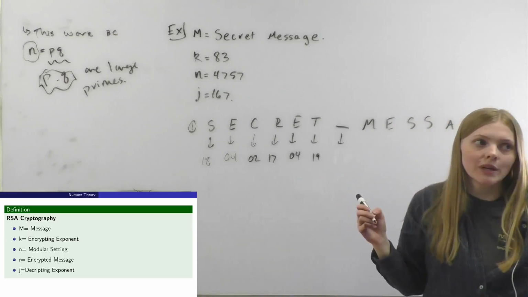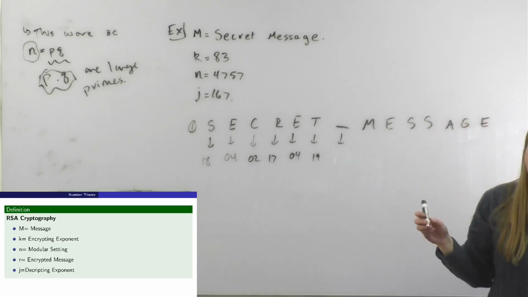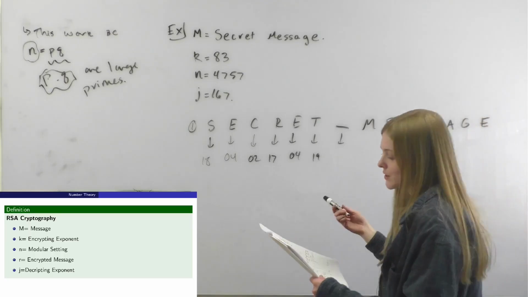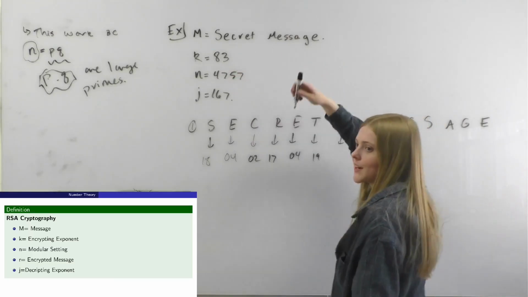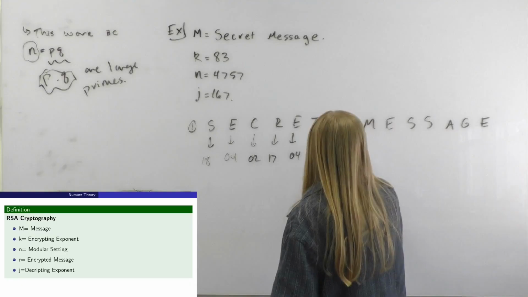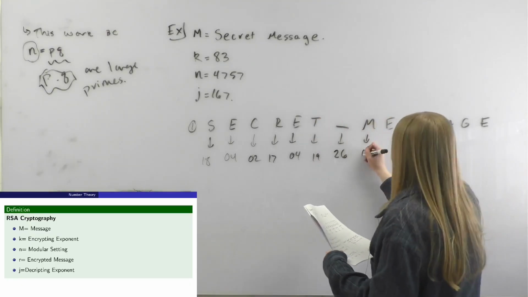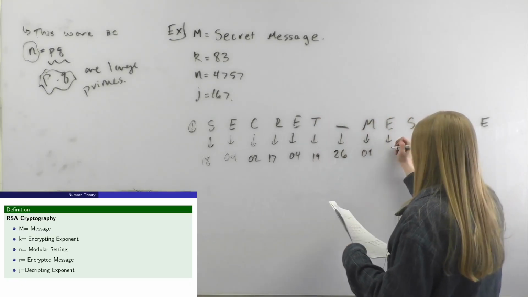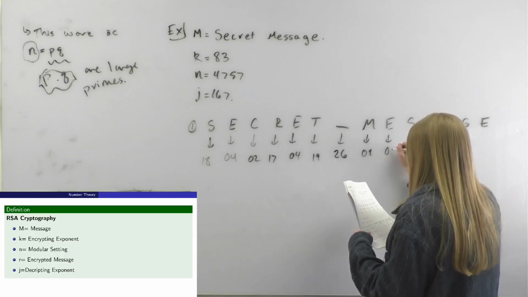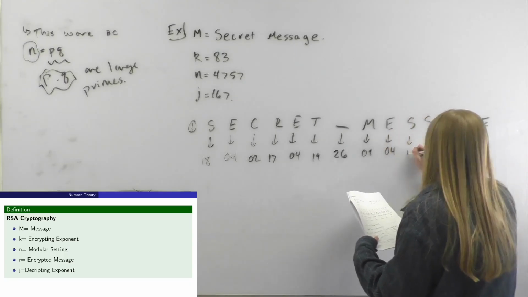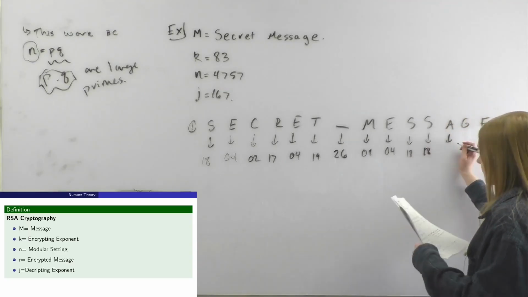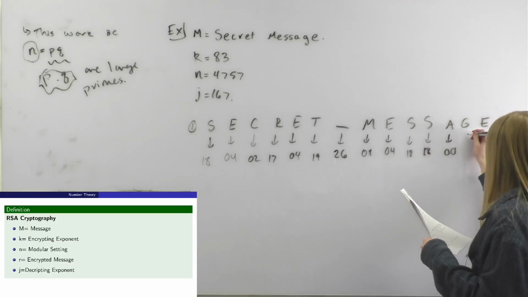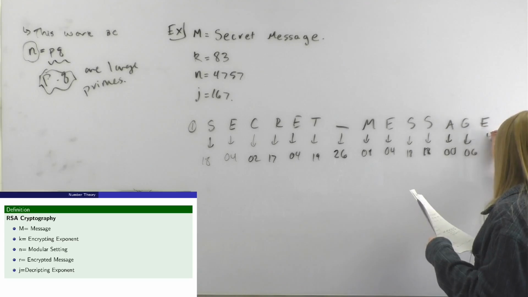What do we suppose the space is going to be? 27? We're actually going to make it 26, because we go 0 to 25. Yeah. 26. M is going to be 08. No, that's an E. E is 04. S is 18. So that means this S is also 18. And then A is 00. G is 06. And E is 04.